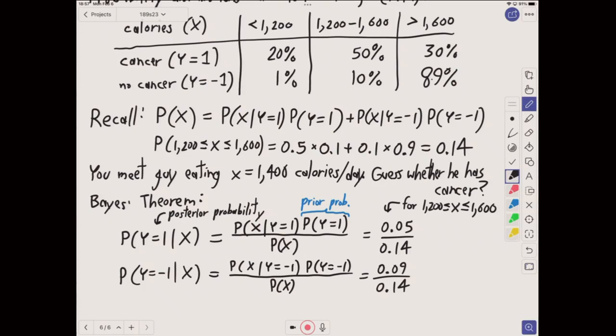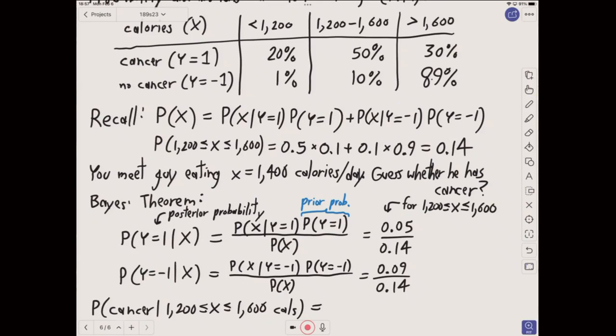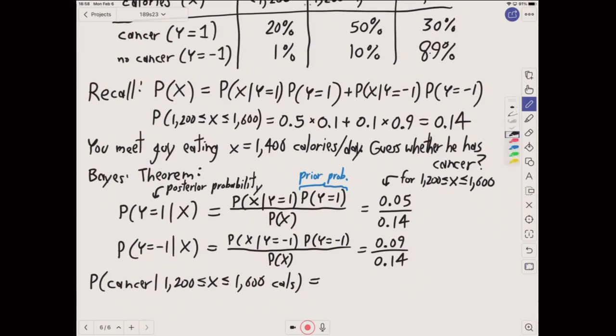And so taking that number, the probability of having cancer, given an intake of 1,400 calories, is 5/14ths, or approximately 36%.